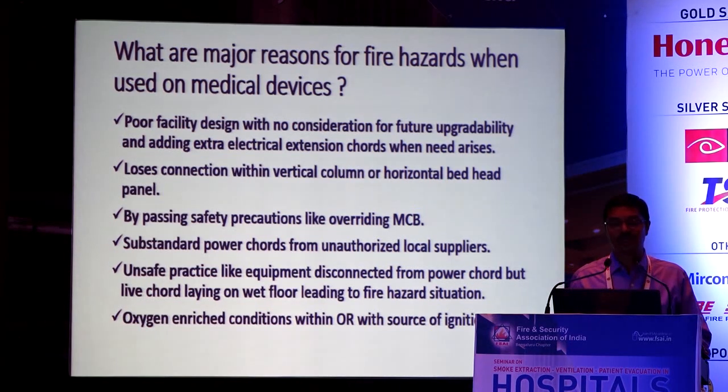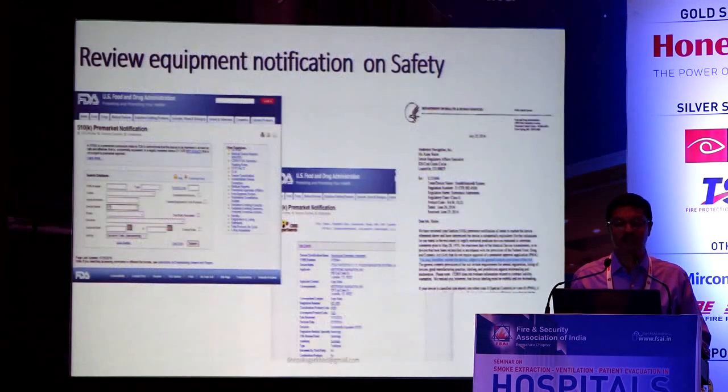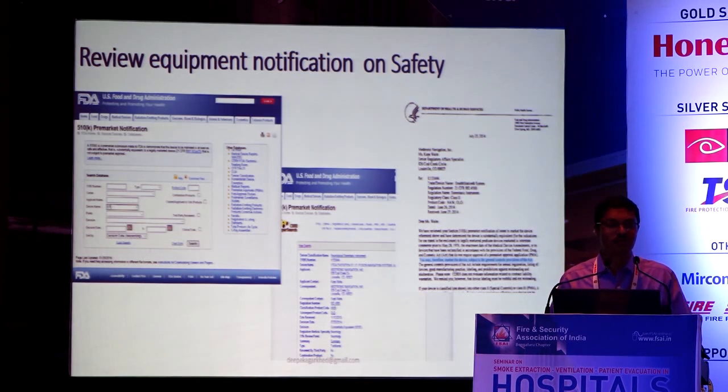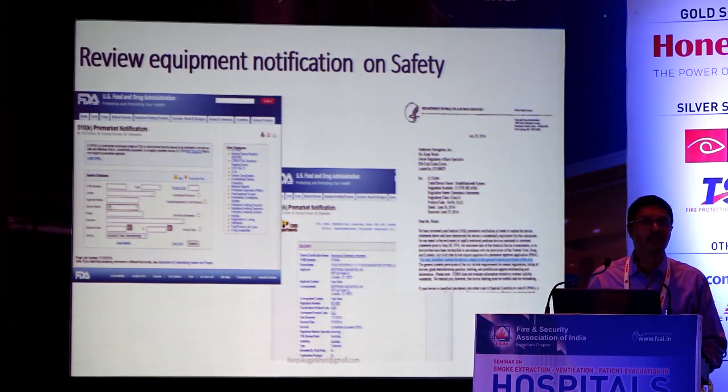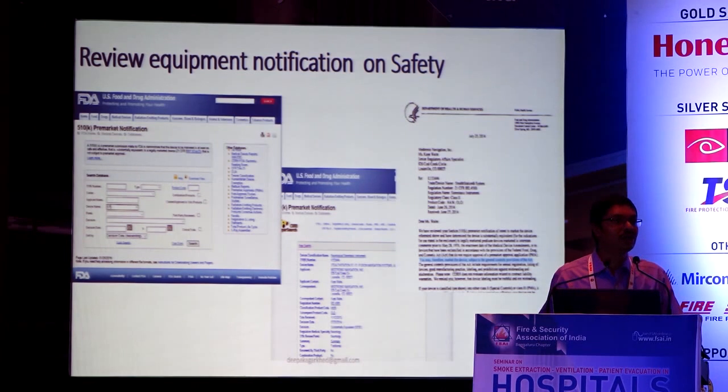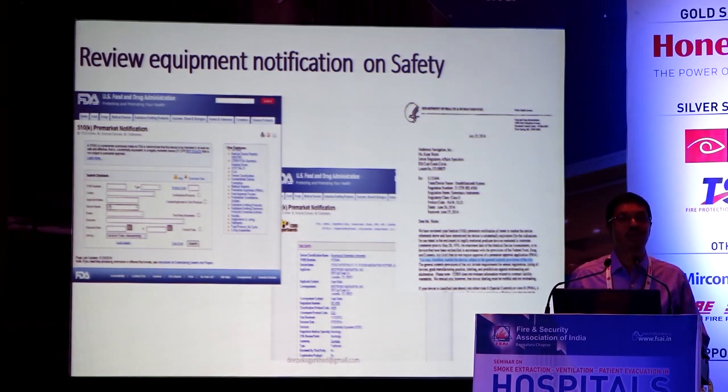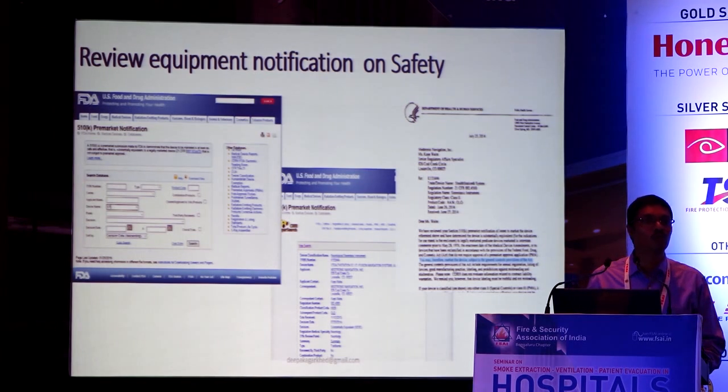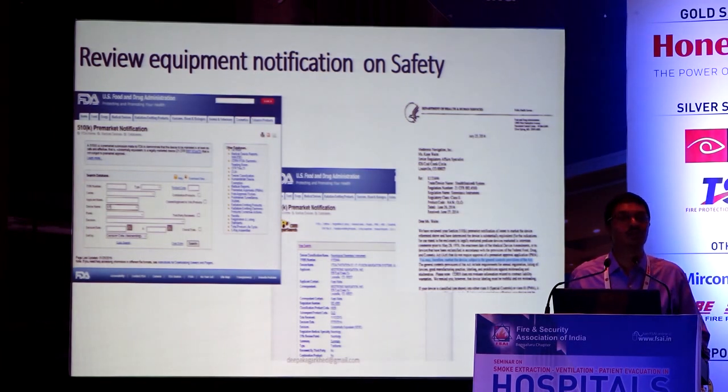This is a slide from an FDA site. You may know that when cars have a problem, globally they recall. Toyota recalls, Ford may recall. They ensure that all the cars come back to the factory or the dealer and they do some modification.